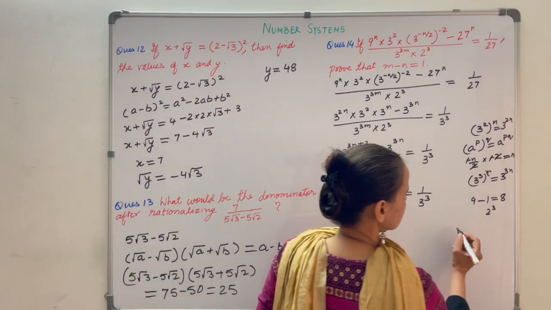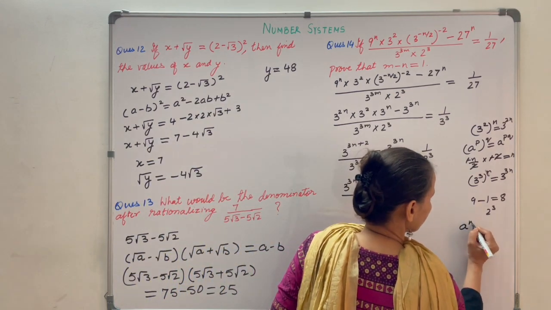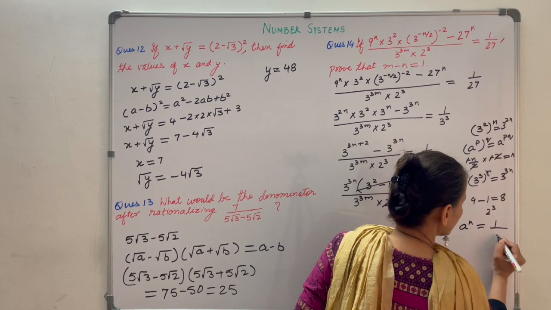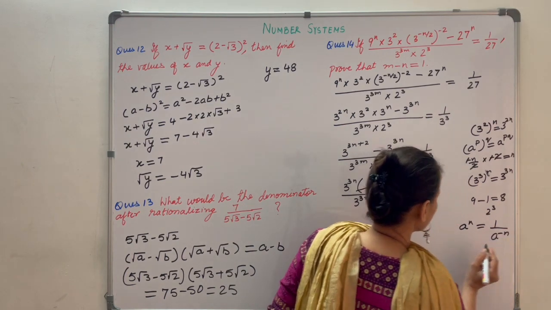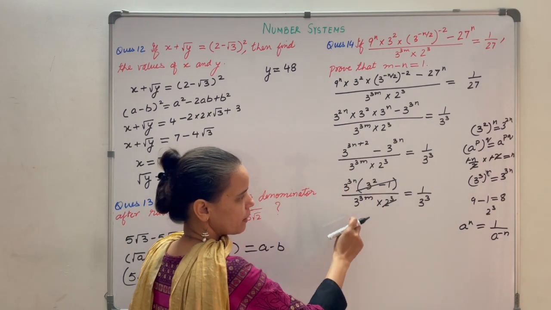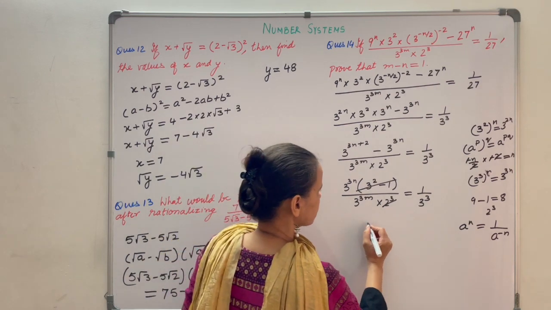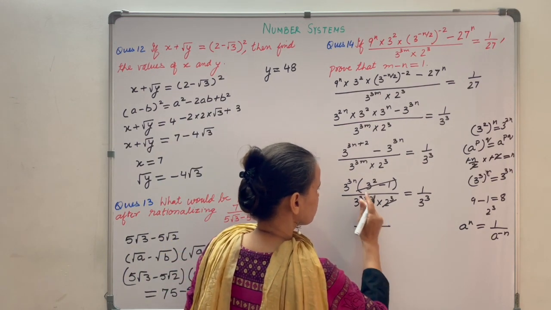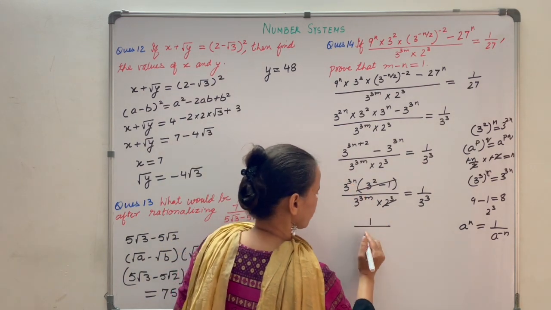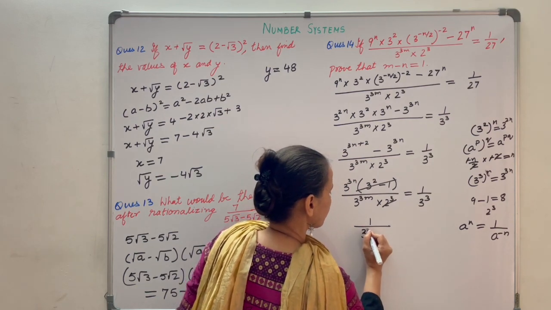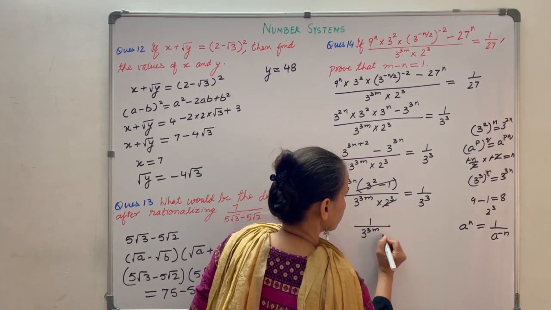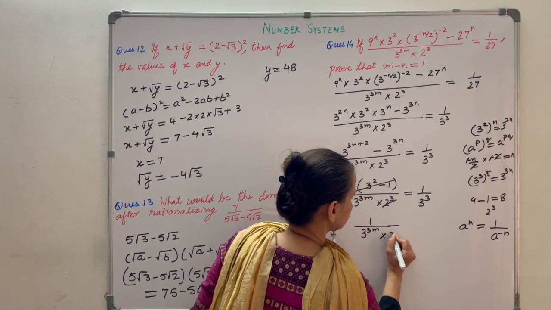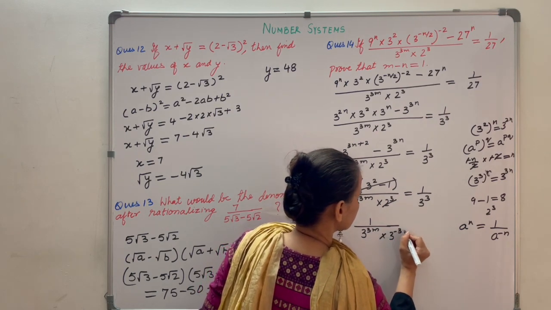So we will use this law to solve. So a raised to power n is equal to 1 upon a raised to power minus n. So the exponent will become negative. So let us rewrite it. So on this side you have 1 in the numerator now because you are bringing this one down. So in the denominator you already have 3 raised to power 3m and into 3 raised to power minus 3n.